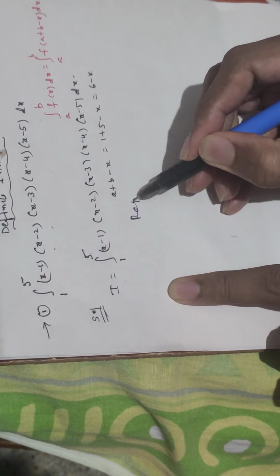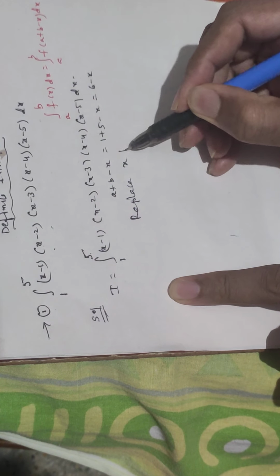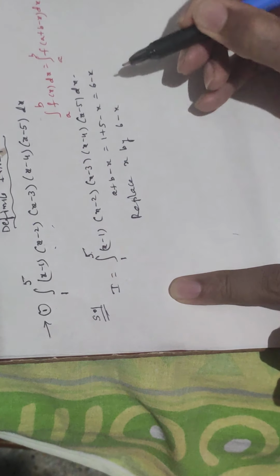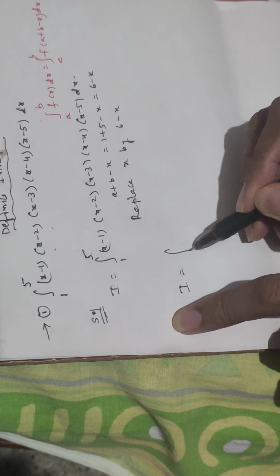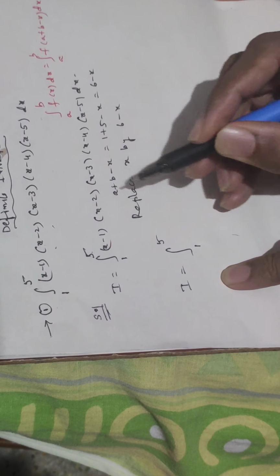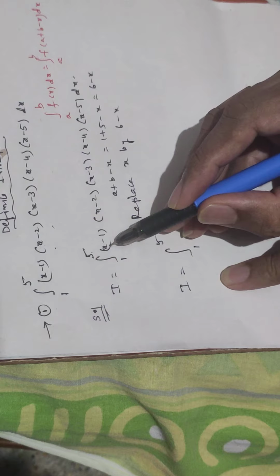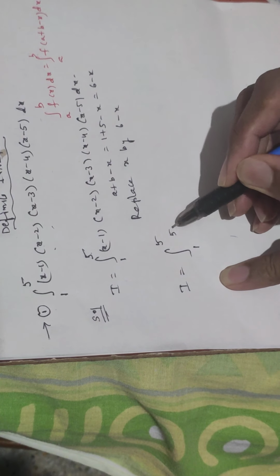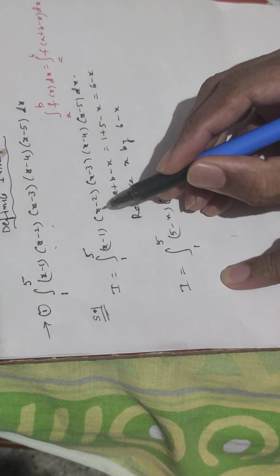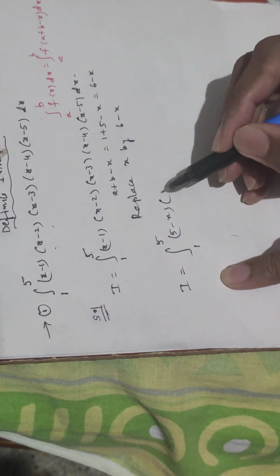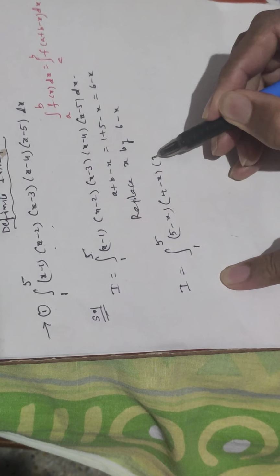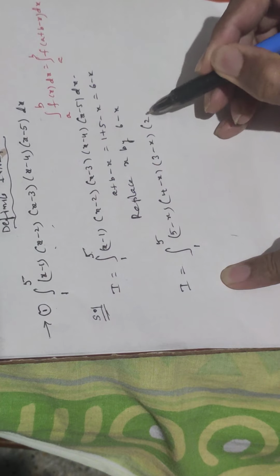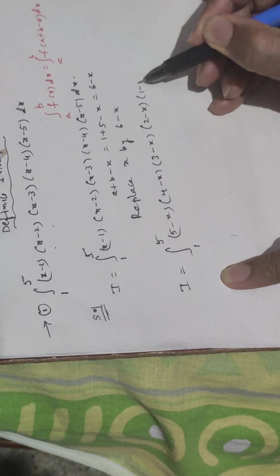So replace x by 6 minus x. Then integral 1 to 5, the first factor becomes 6 minus x minus 1, so I'll get 5 minus x. The second factor becomes 6 minus x minus 2, that is 4 minus x, then 3 minus x, 2 minus x, 1 minus x, dx.